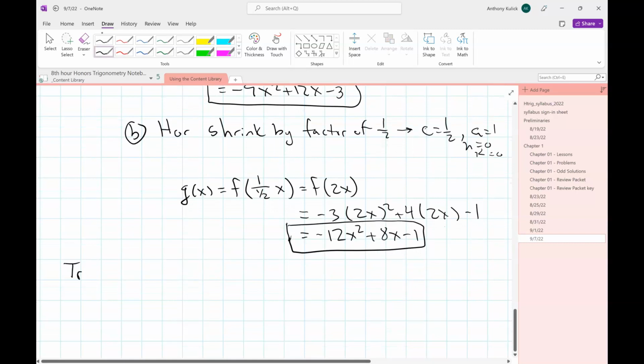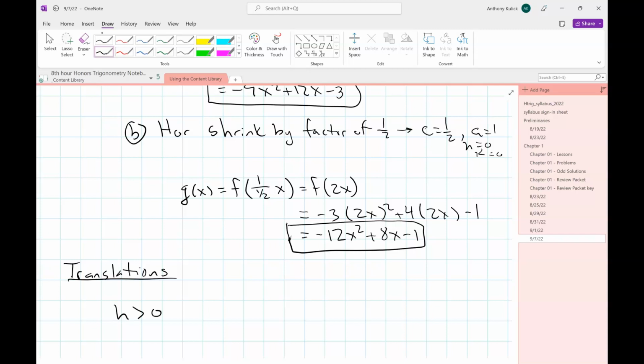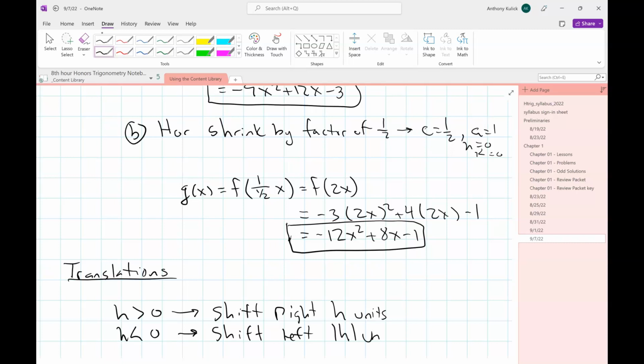The last transformation is the translation. So if we have H greater than 0, that's going to shift us right H units. And if it's less than 0, we're going to shift left H units.